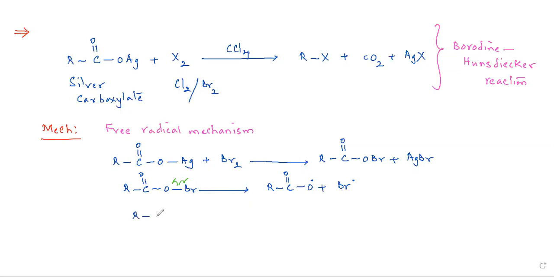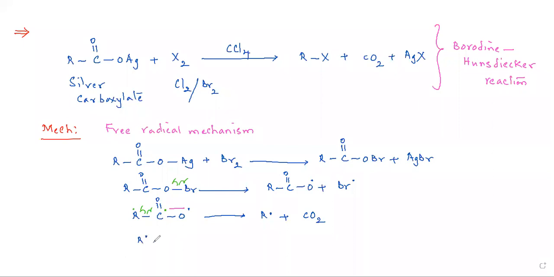Now let us consider this RCOO free radical. It results in free radical; combine these two, you will get alkyl free radical and of course carbon dioxide.